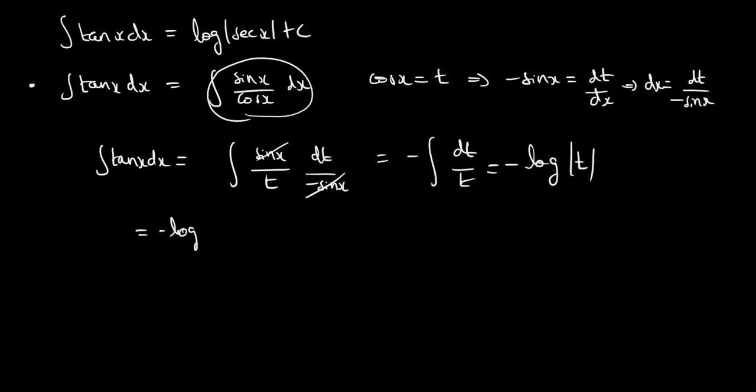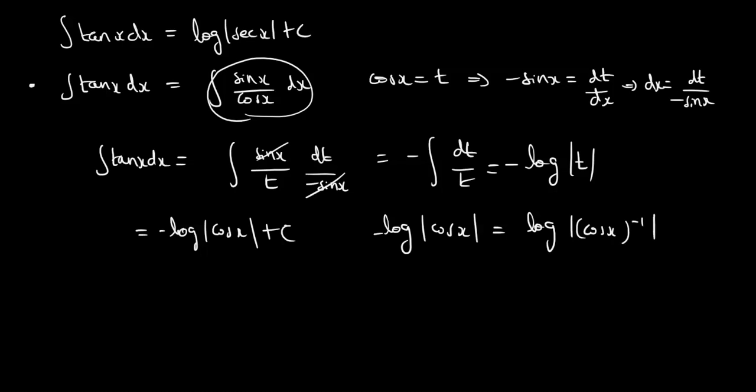minus log of cos x plus the arbitrary constant c, in order to represent the family of functions this integral represents. So we can write minus log cos x as log cos x raised to minus 1.